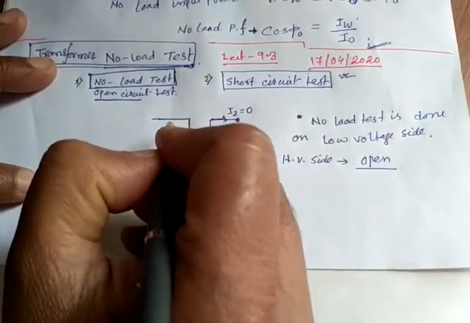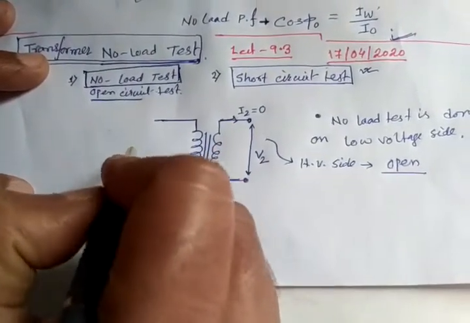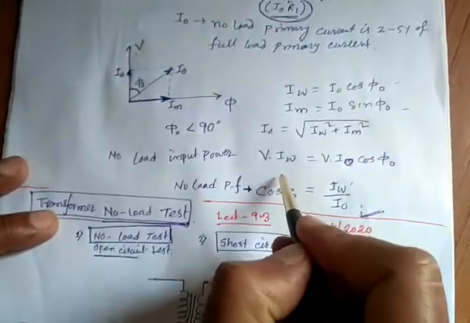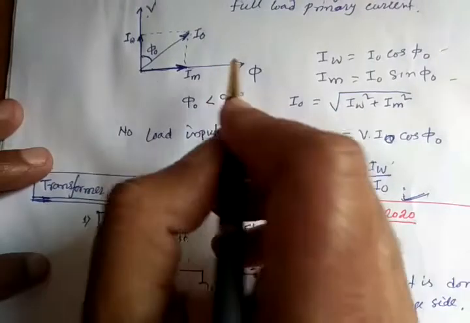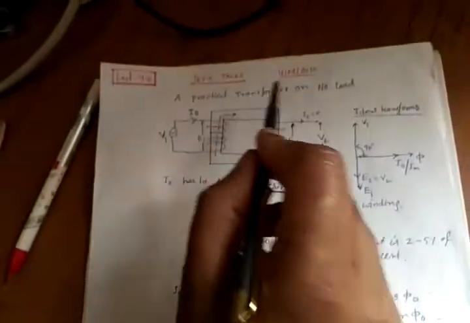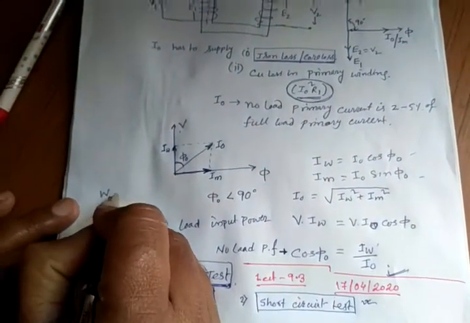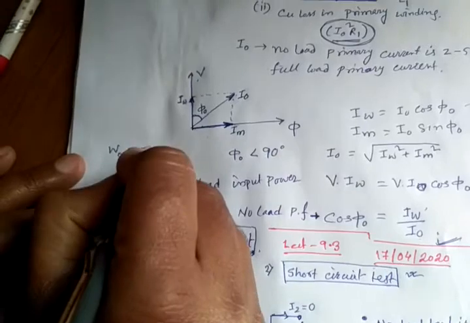For performing the test, what we need is the power consumed. From the earlier development, when a practical transformer is working on no load, the whole power consumed from the input is nothing but the iron or core losses.